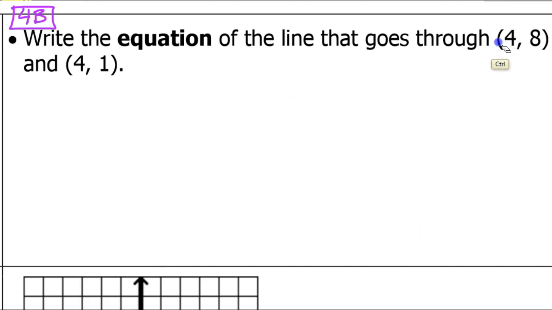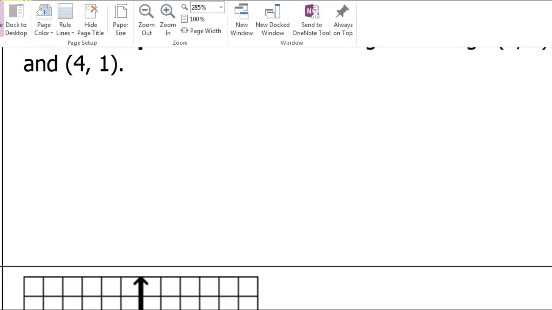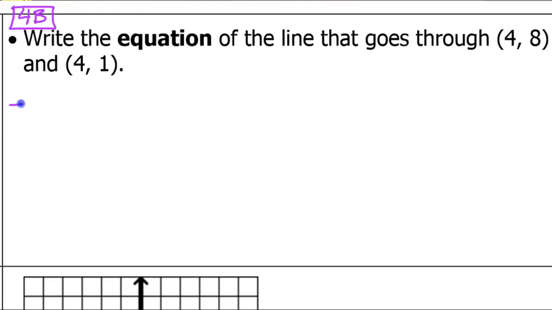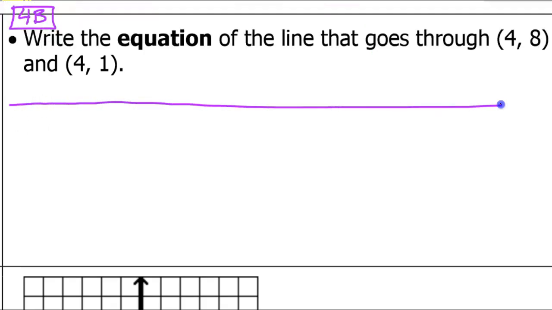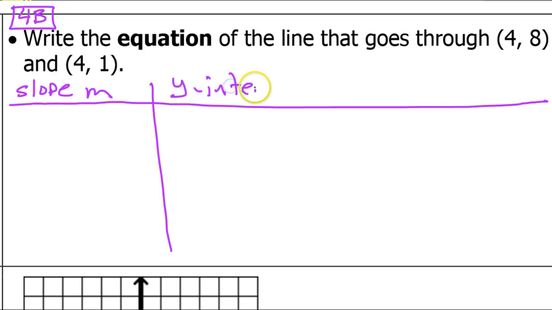If I didn't notice that these x values were the same, I would do what I normally do, which is set up my chart. I need to find the slope m, and then I want to find my y-intercept b, and then I'll write the equation.